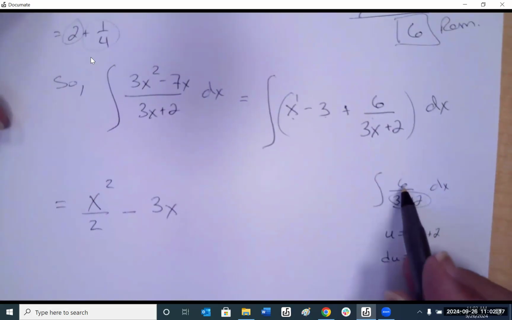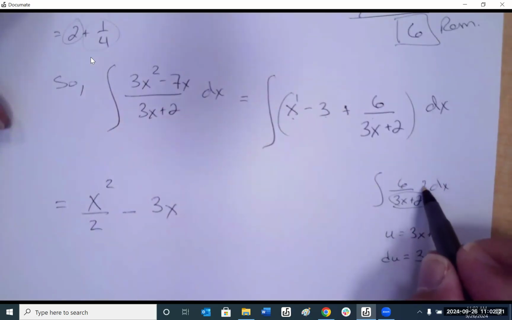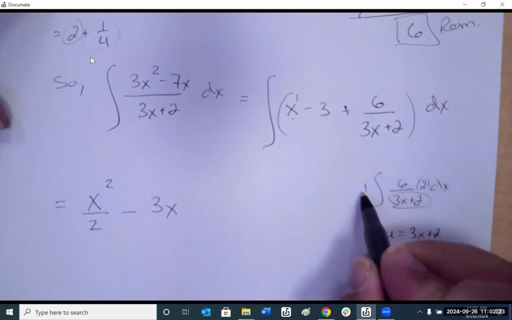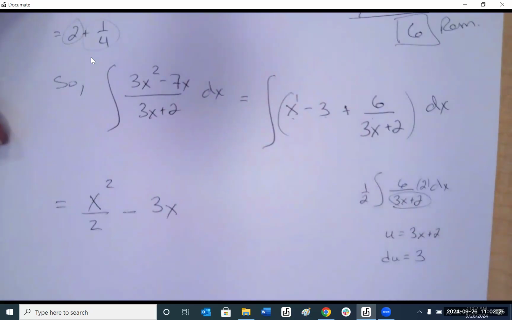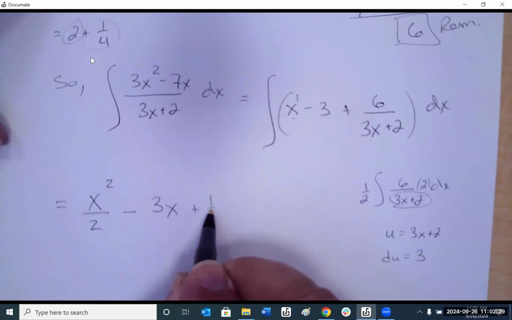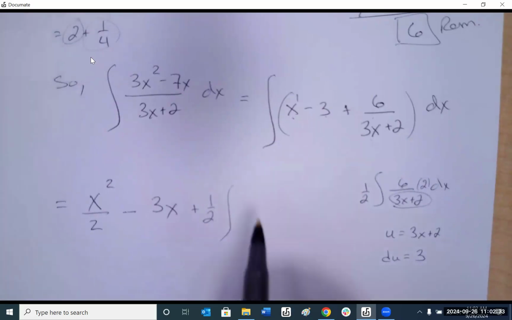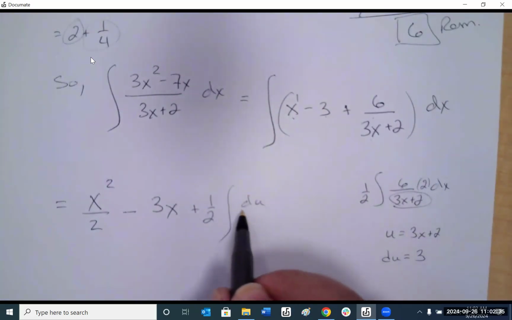How do we get from 3 to 6? We have to multiply by 2, which means I have to put a 1/2 out in front. So it's plus 1/2 du over u.